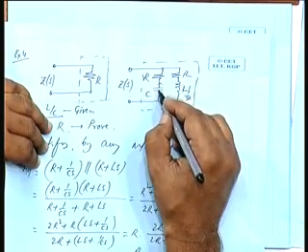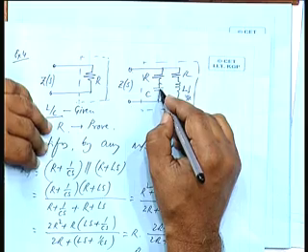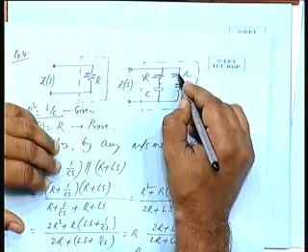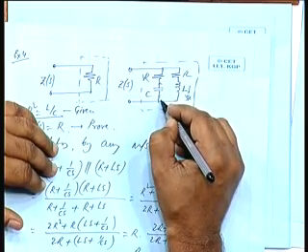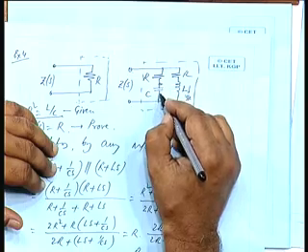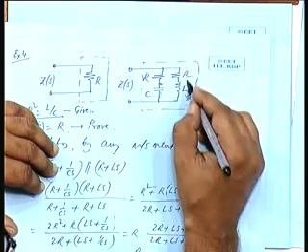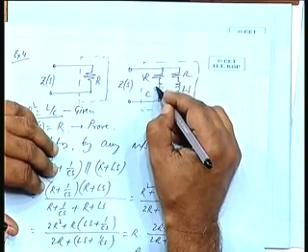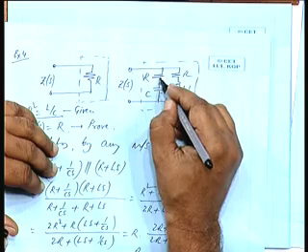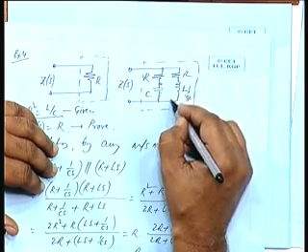Now, because there is a capacitance which is fully charged, charged to plus and minus, can this current flow through this? This current will try to maintain the same current.